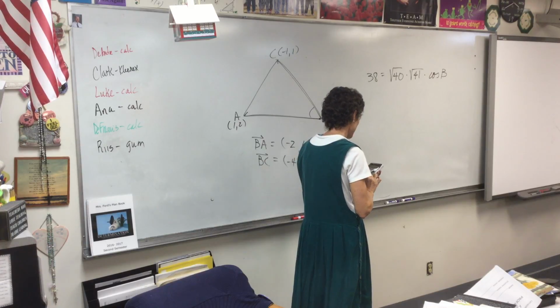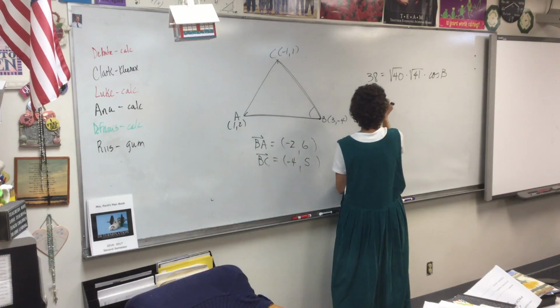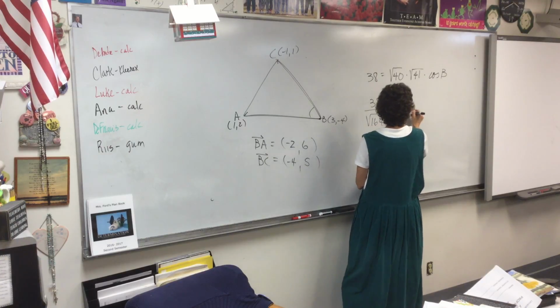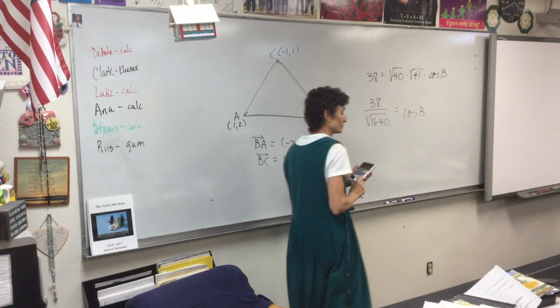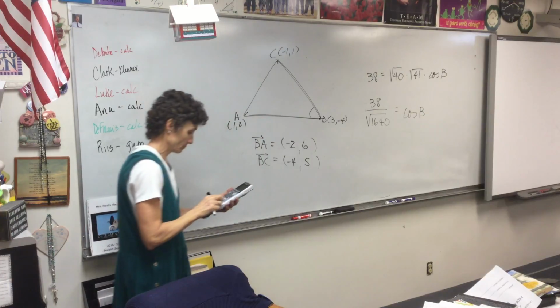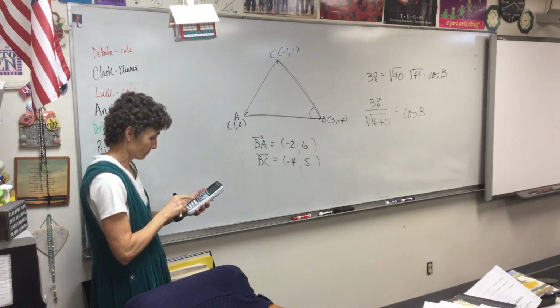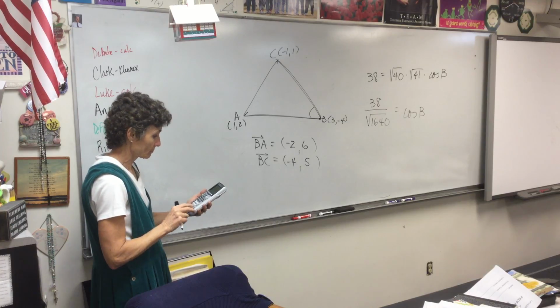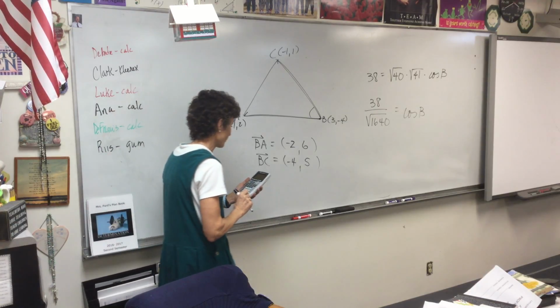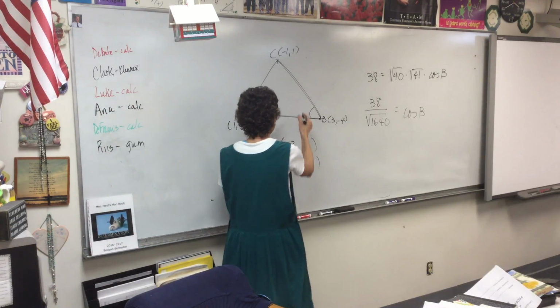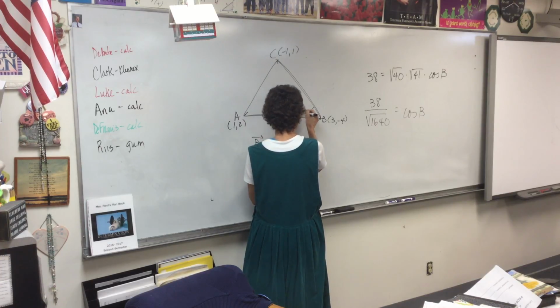I don't need to do that. So 38 over the square root of 1640 is the cosine of B. And I got angle B to be 20.22 degrees. Is that what you got?